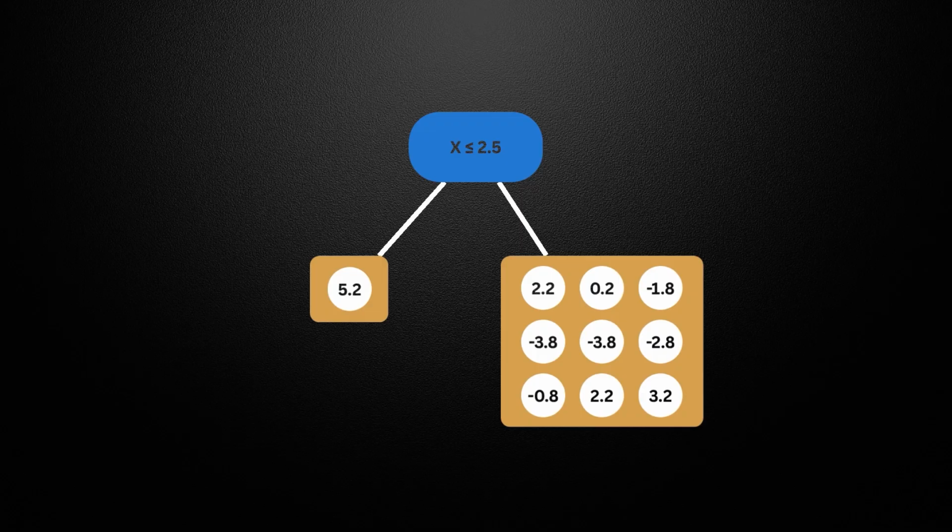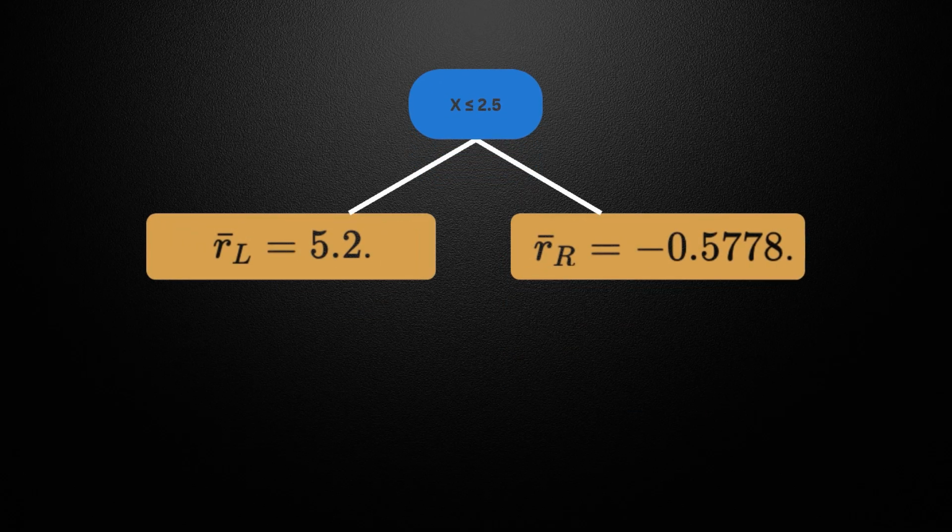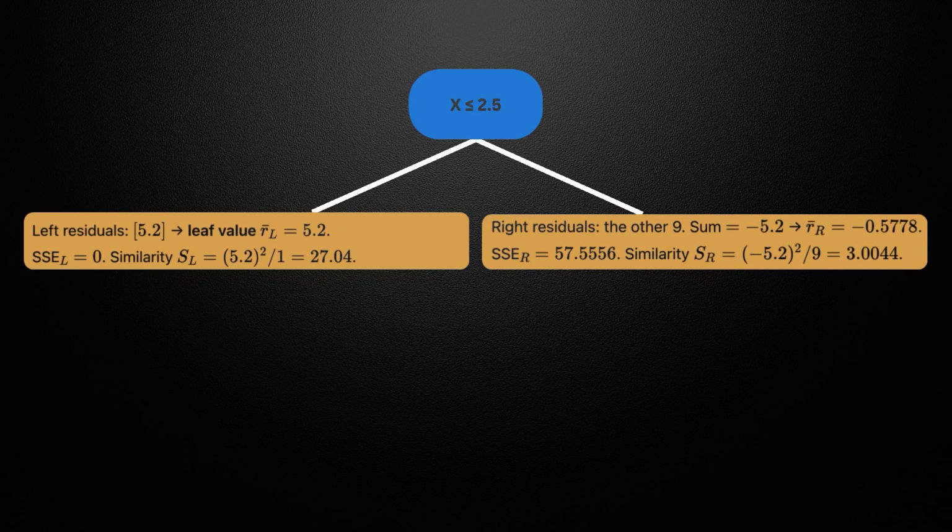Then we compute the leaf value in each child, which is the mean residual in that child. This turns out to be 5.2 for the left child and negative 0.5778 for the right child. After this, we compute each child's sum of squared errors and similarity.